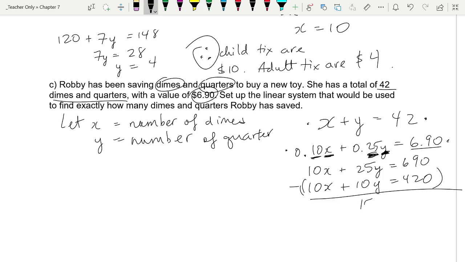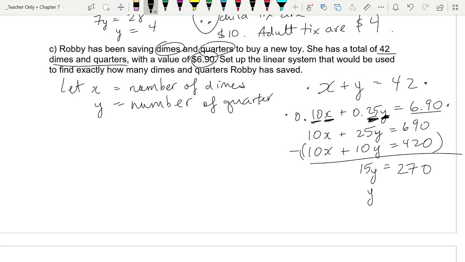So that'd be 15y is equal to 0.72, and 15 does go into 27 because 15 has a 5 in it, that's a 0, so that has a 5 in it, and 3 goes into them both, so yeah. 15 goes into 270, I don't know how many times, I'd have to think about it. 15 goes into 90 6 times, so is that 18? Somebody double check my mental math. That might be wrong. That's just very quick mental math.